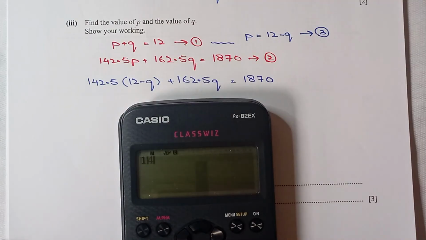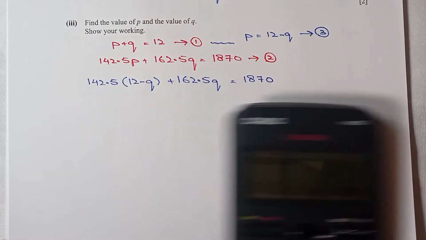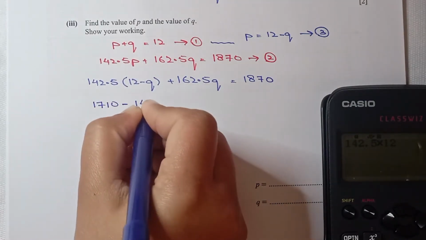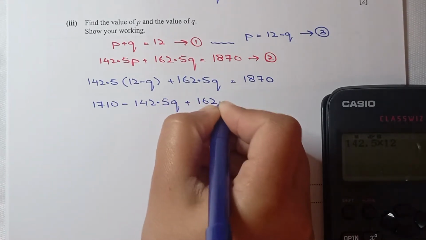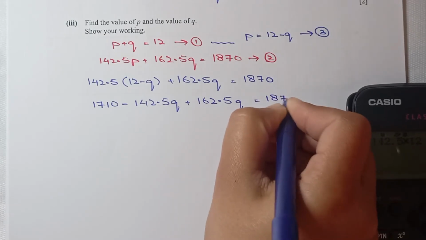So 142.5 times 12, this would be 1710. 1710 minus 142.5q plus 162.5q, this would be equals to 1870.